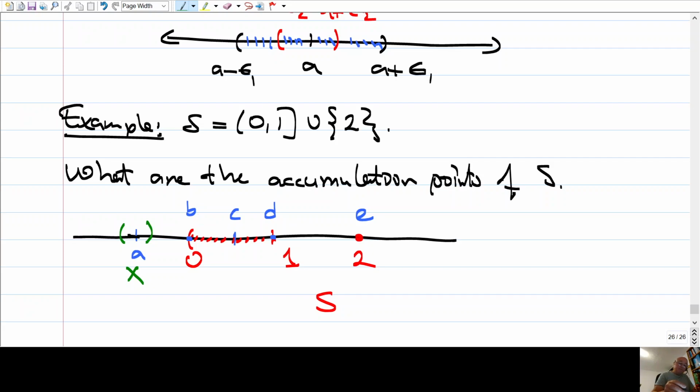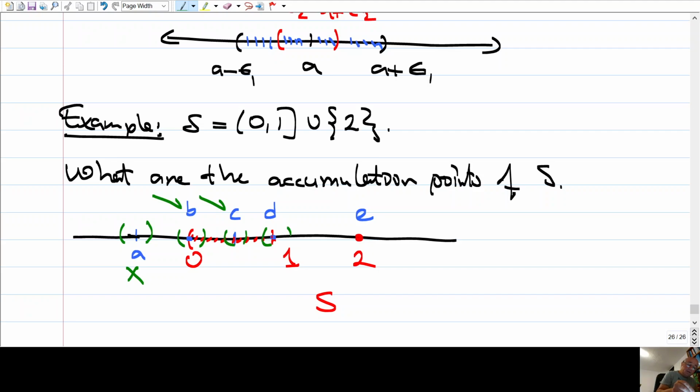What about B? Whenever you draw an epsilon interval around B, that interval will contain a part of this interval 0 to 1, and this interval of course contains infinitely many elements. Therefore, B is an accumulation point. The same thing happens here: any interval containing C will contain infinitely many elements from S, so that's also an accumulation point.